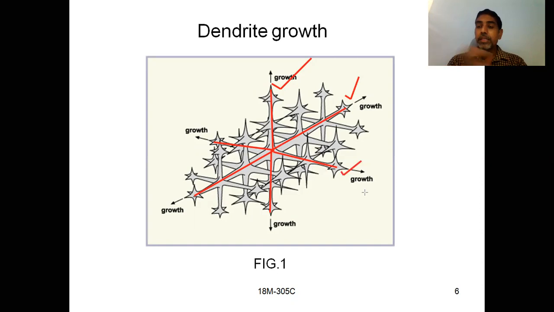So in all the three directions it is growing. And if you observe one thing, in this direction again it is growing here, and it is growing here. So how it will be like a T-like structure. It is like a tree-like structure. So that type of growth is known as dendritic growth. Okay, so it is growing in this direction, in this direction, and in every direction it is growing.